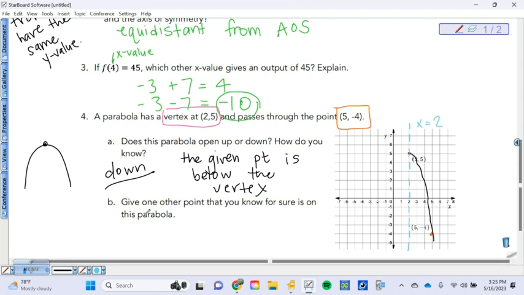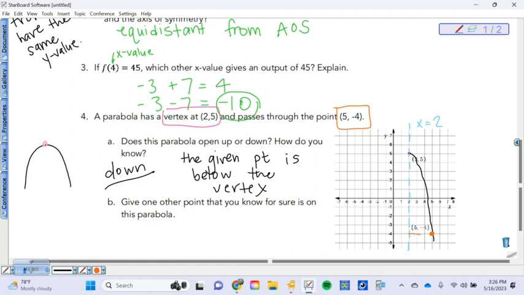Okay, so how could we figure out another point that is on the parabola? You could put a dot in the same amount of spaces on the other side of the line of symmetry. Not from the vertex though, right? Because the vertex is the only point that doesn't have a mirror point. Yeah, but this point down here, this (5, -4), has a mirror point.